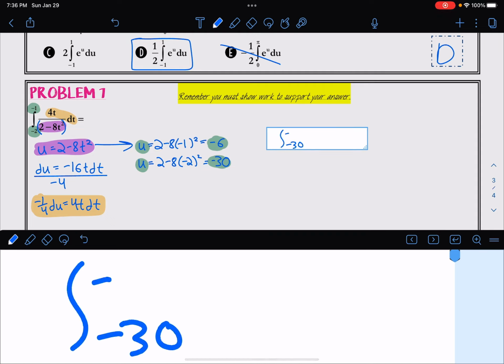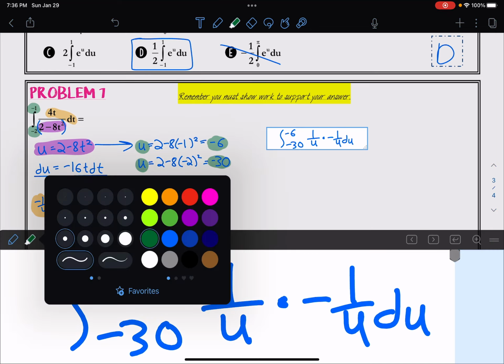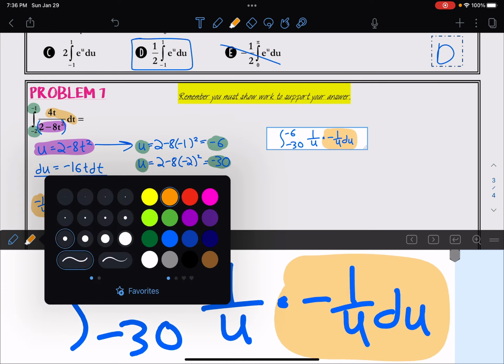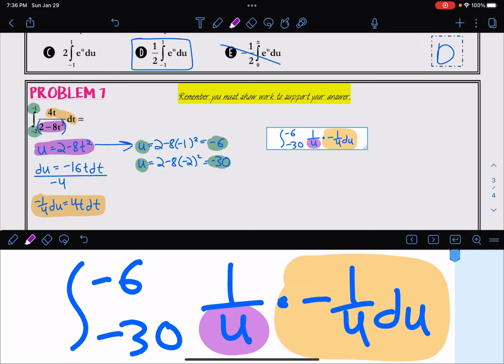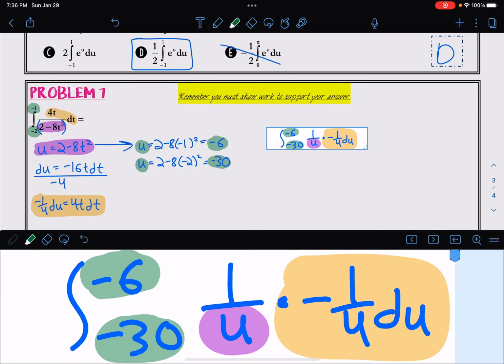Integral from -30 to -6 of 1 over u times -1/4 du. And then I need to highlight my new limits of integration as well.